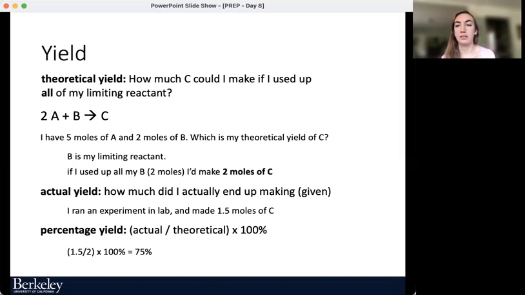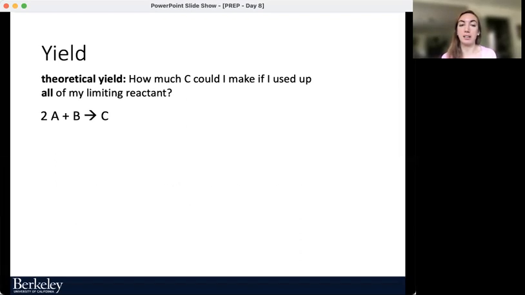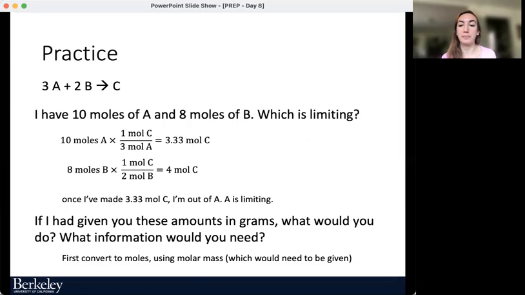I was going to ask the same thing. Is the limiting reactant the same as the percentage yield, or no, the theoretical yield? So the amount of product that I could make if I used up all of my limiting reactant is the theoretical yield. So back on this slide, someone asked this in the chat.